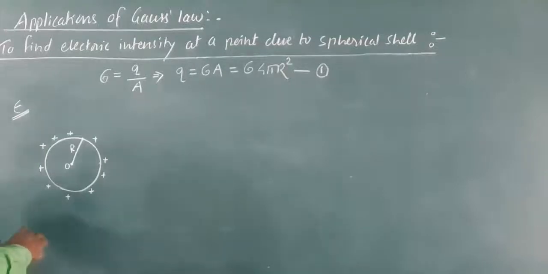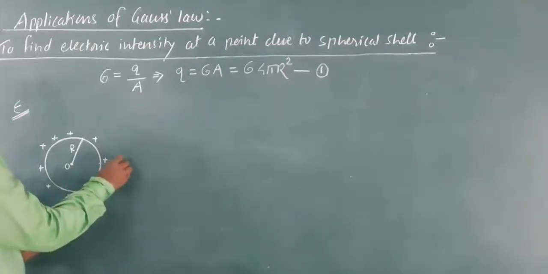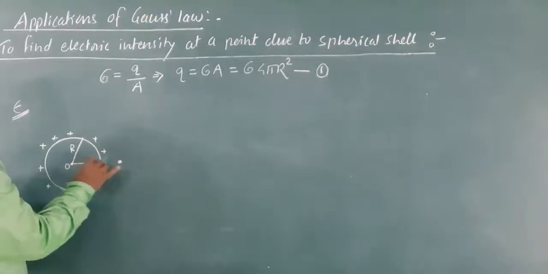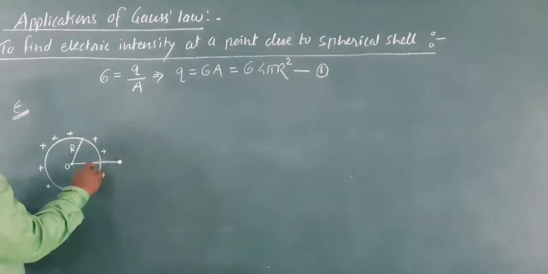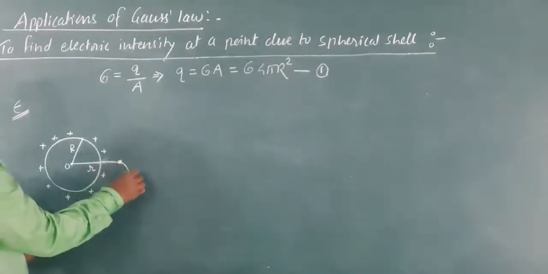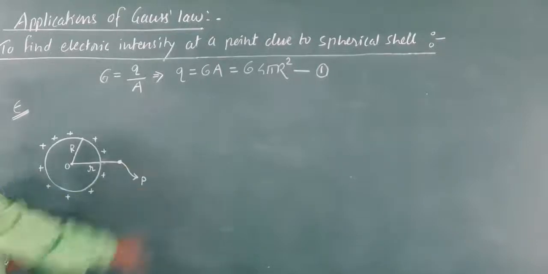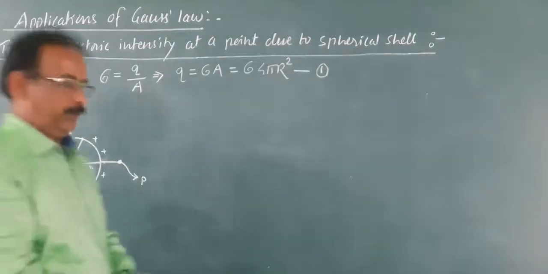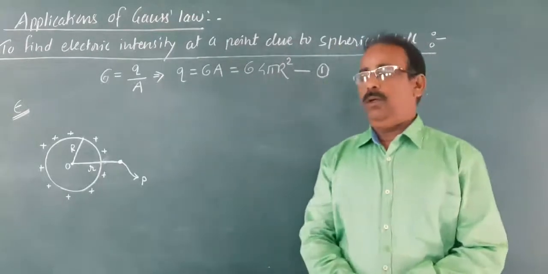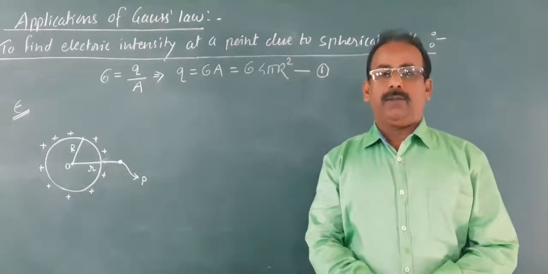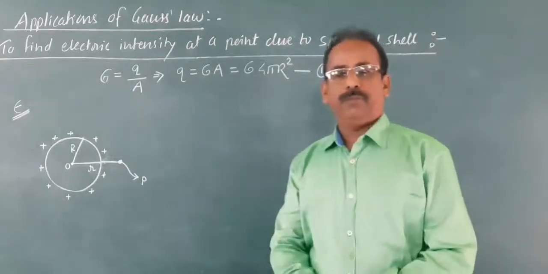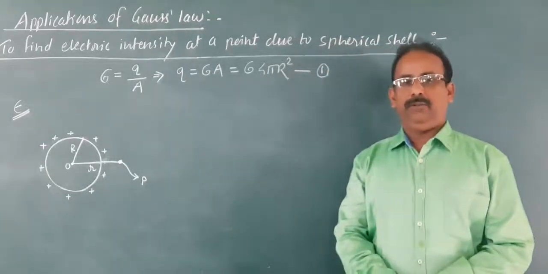Consider one point P at a distance equal to small r from the center of the spherical shell as shown in figure.